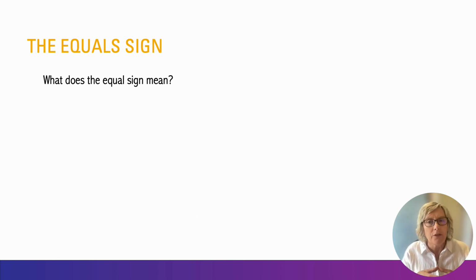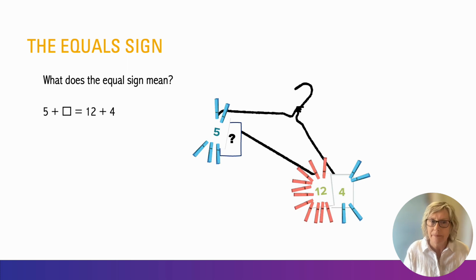Representing number sentences using concrete materials can enable students to understand the format of the equation. Consider this example. We know that both sides equal the same amount. Why? Because we have an equal sign between them. How can we represent this using concrete materials? The concrete materials clearly illustrate that the equation is unbalanced.